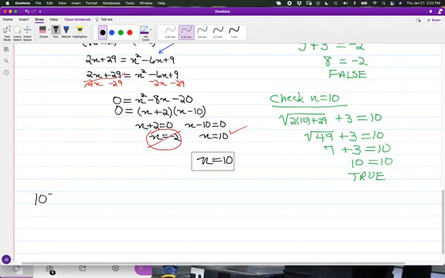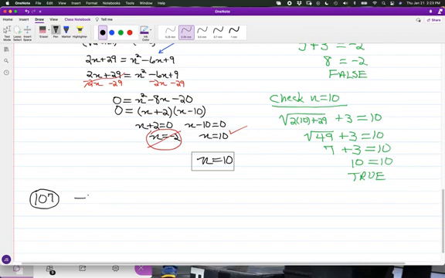But in the case of odd roots, you're not going to have that preoccupation, because the principal square root rule does not apply to odd roots. You can take the odd root of an expression and have it go to a positive or even a negative constant, or even 0 for that matter.